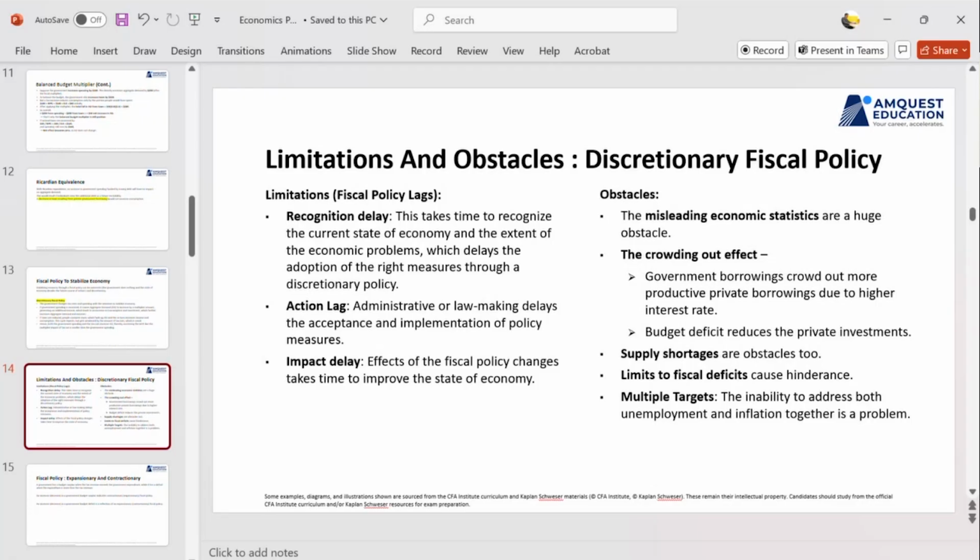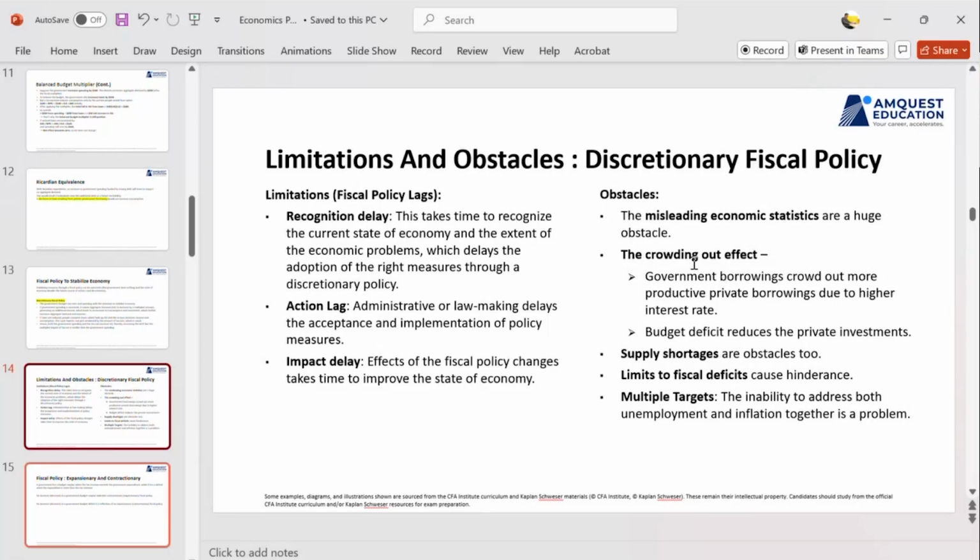Obviously, the tax rate will come into effect after 3 months or 6 months. People will act on it after 1 year. So there's a big delay in the recognition part, action part, administrative action. So with all this, the total impact on the economy is less direct. Yes, obviously indirect taxes, like GST and all that, are a little more direct and fast, because the impact is going to hit consumption.